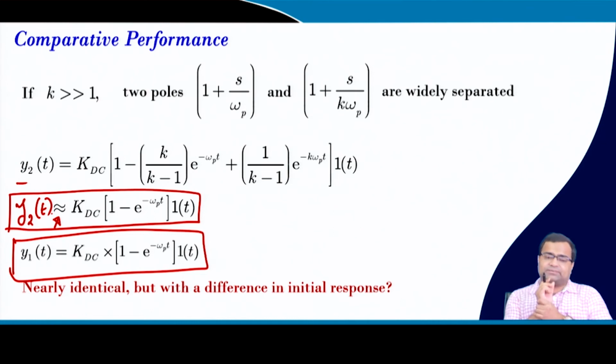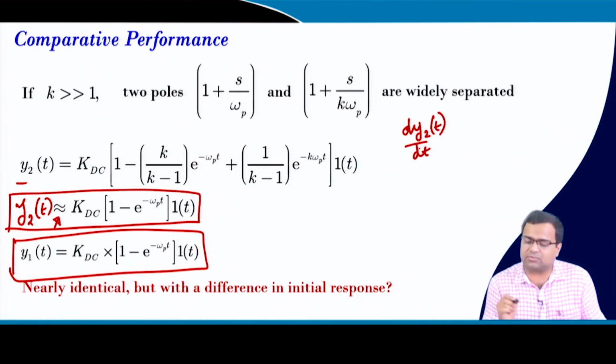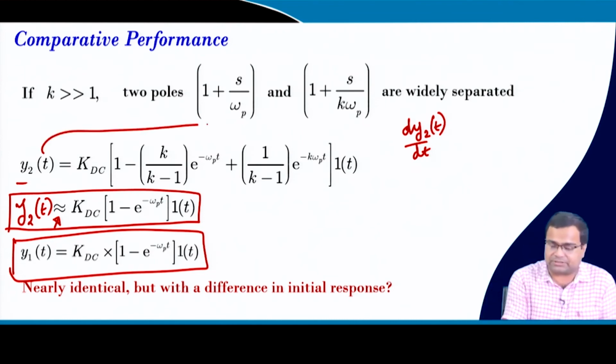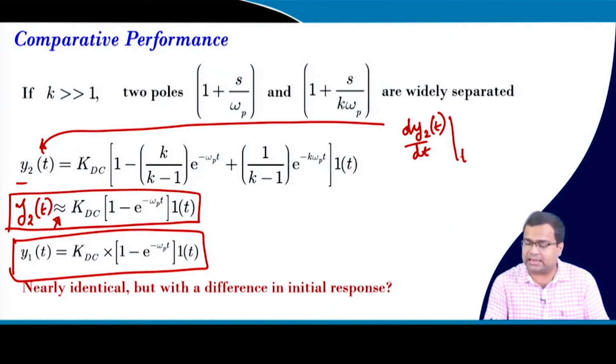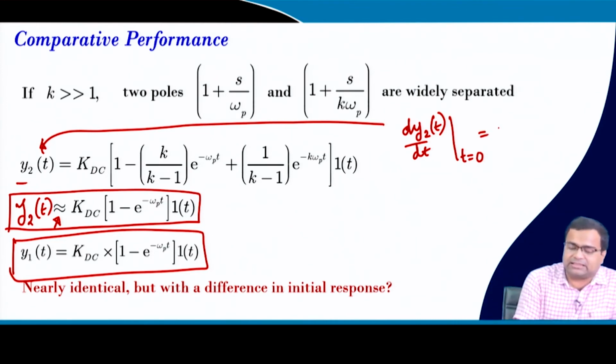Now, the next question: if you take d2y by dt2, and if you find out, that means the original expression, I am talking about this expression, and you set t equal to 0, that means you differentiate this response.